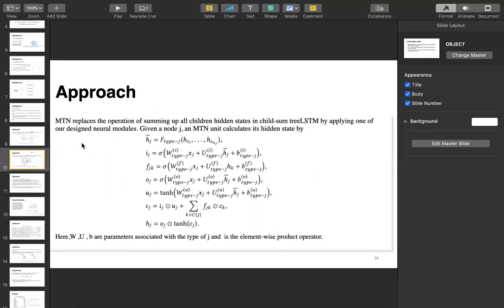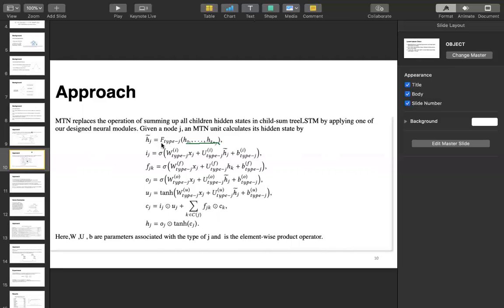So the MTN replaces the operation of summing up all children in the child-sum tree LSTM by applying one of the designed neural modules. Here we can see that, let me annotate, h_1 to h_n_j are the children of the node j, the embeddings, the hidden units of those nodes.